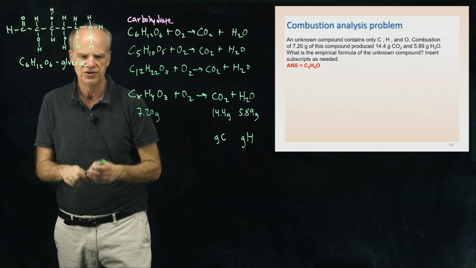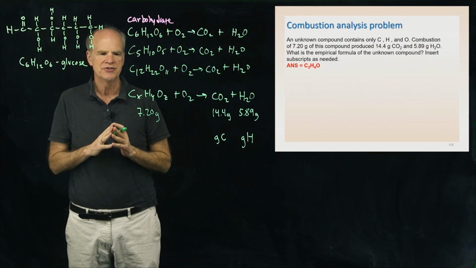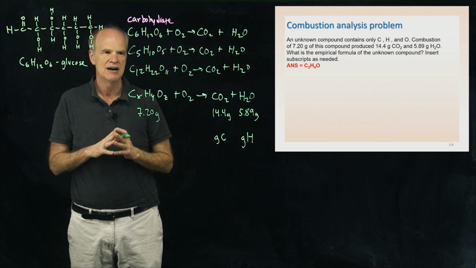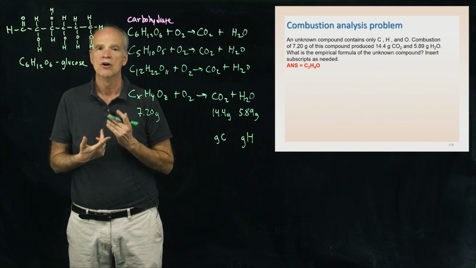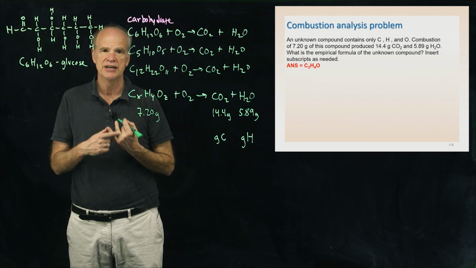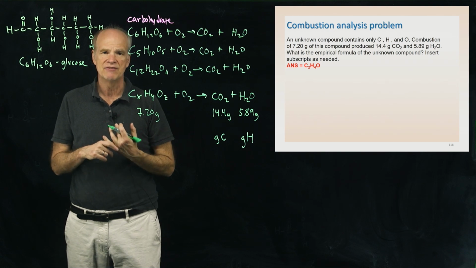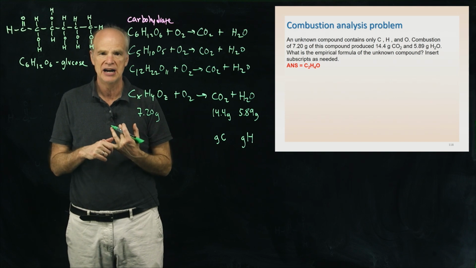So what I'm going to do is this. First off, let me talk a little bit about the kind of compound we're dealing with. In the problem it says we have a compound with only three types of elements: carbon, hydrogen, and oxygen. When you have a compound with those three kinds of elements, it's called a carbohydrate.